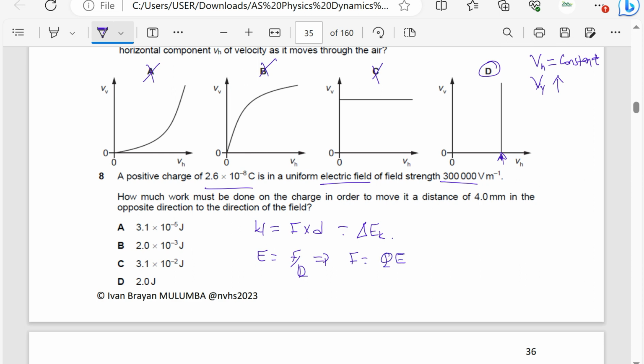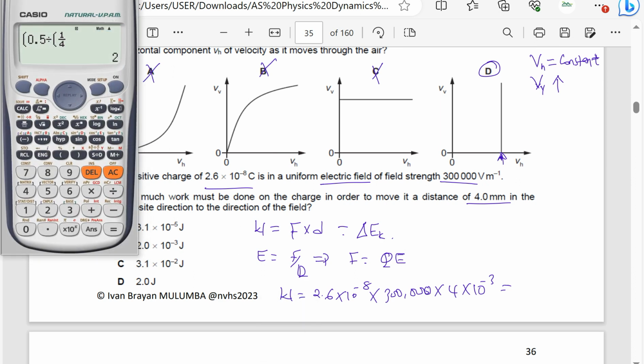So I can still say that the work done is going to be the force, which is the charge 2.6 times 10 power minus 8 times electric field strength, which is 300,000, then times distance, because force is QE. The distance is 4 millimeters, so that will be 4 times 10 power minus 3.